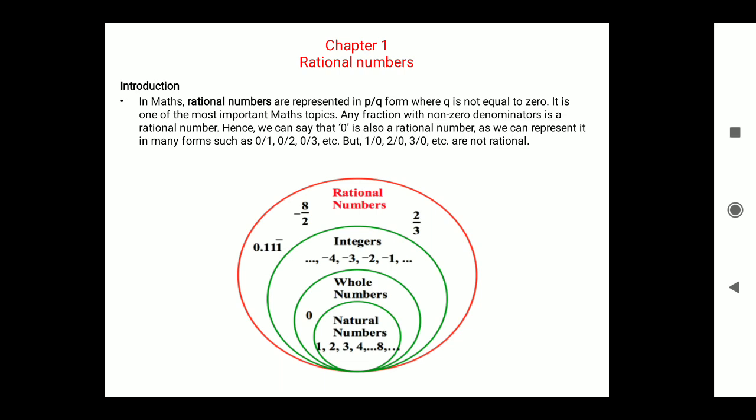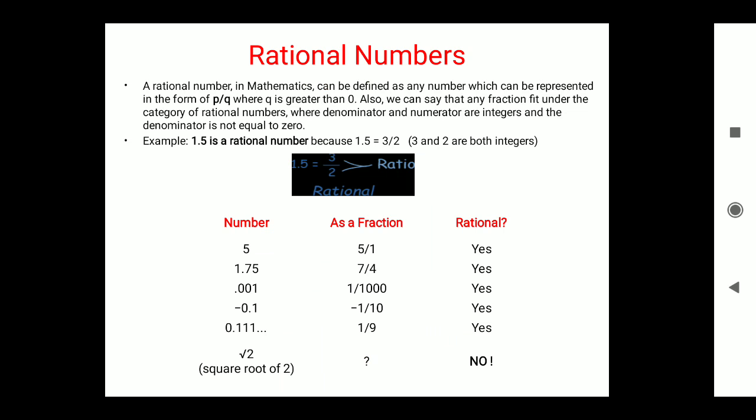What is a rational number? In maths, rational numbers are represented as P upon Q, where Q is not equal to 0. It is one of the most important mathematical topics. Any fraction with a non-zero denominator is a rational number.